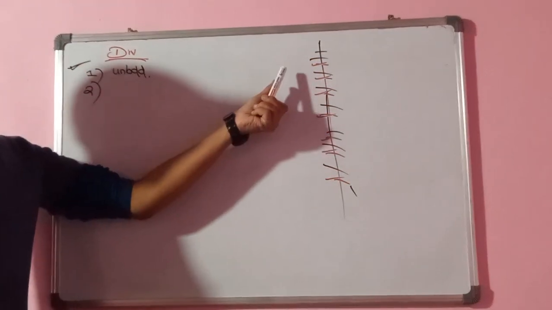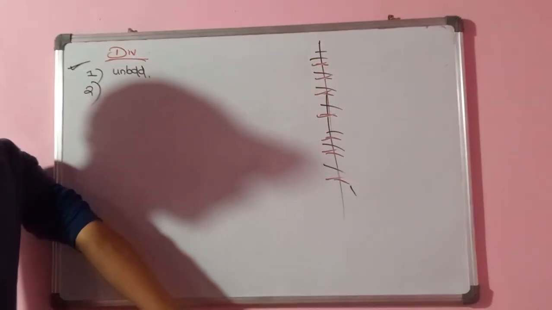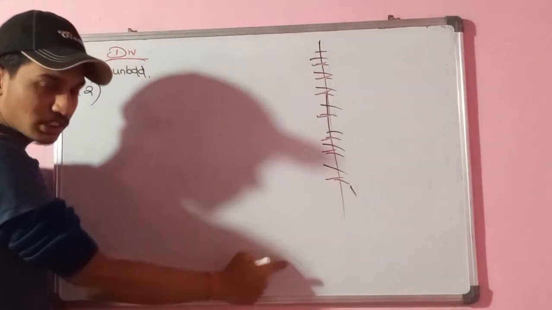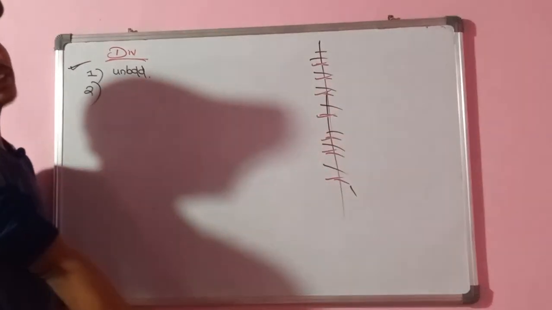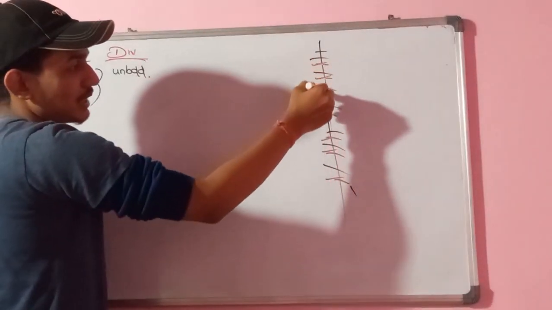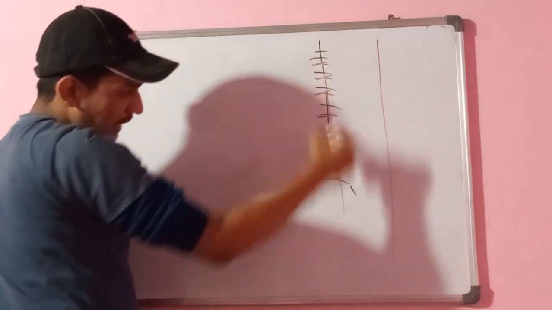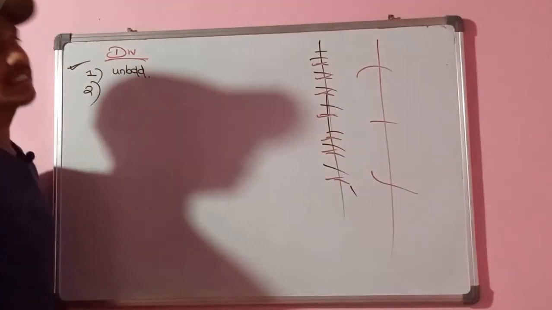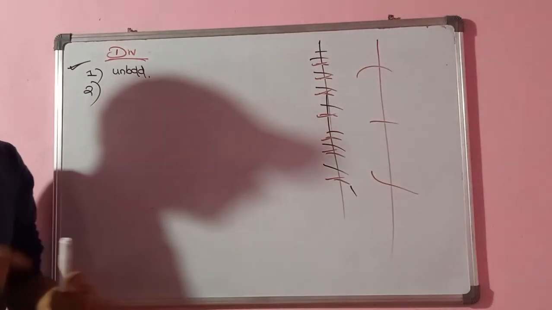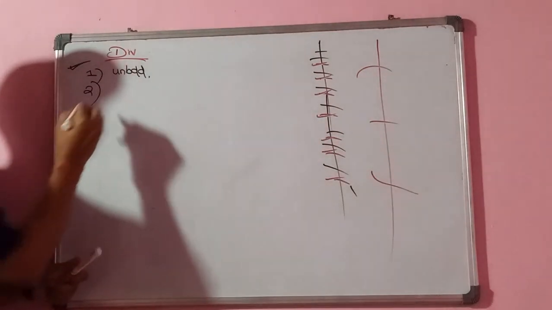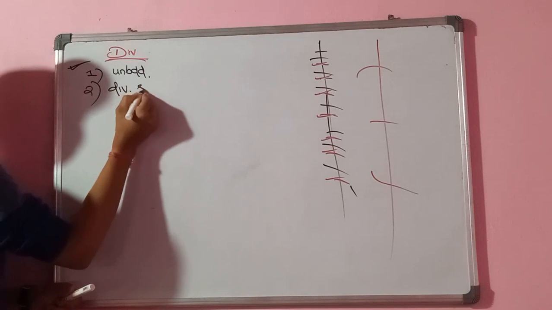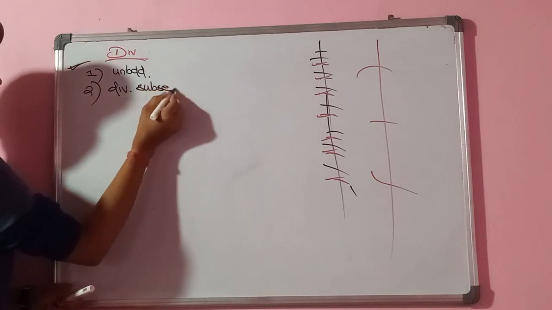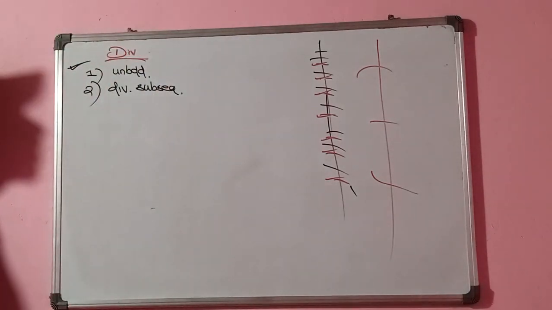Don't think a subsequence has only finite terms; in a subsequence also infinitely many terms are there. If these terms are diverging, infinitely many terms are left outside of this interval. That means my sequence will be divergent. So if any divergent subsequence exists, then my sequence is also divergent.